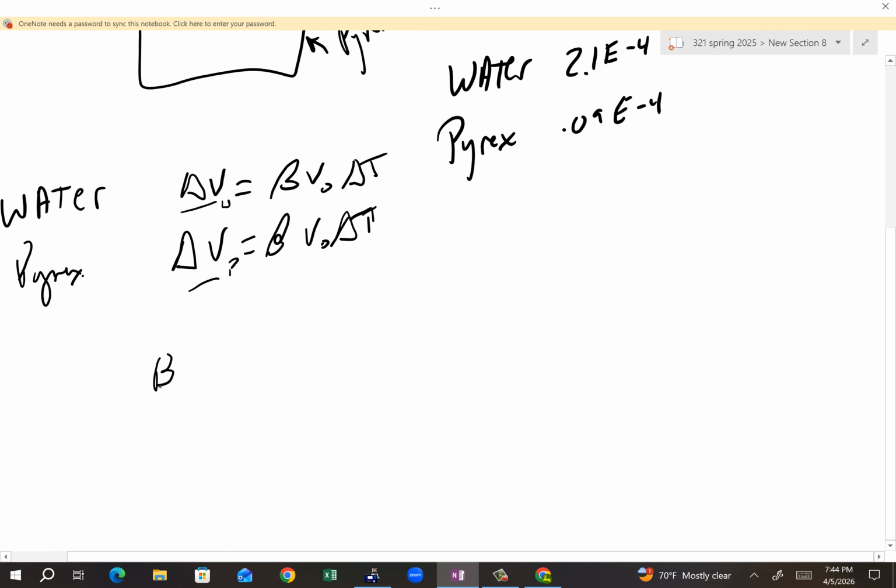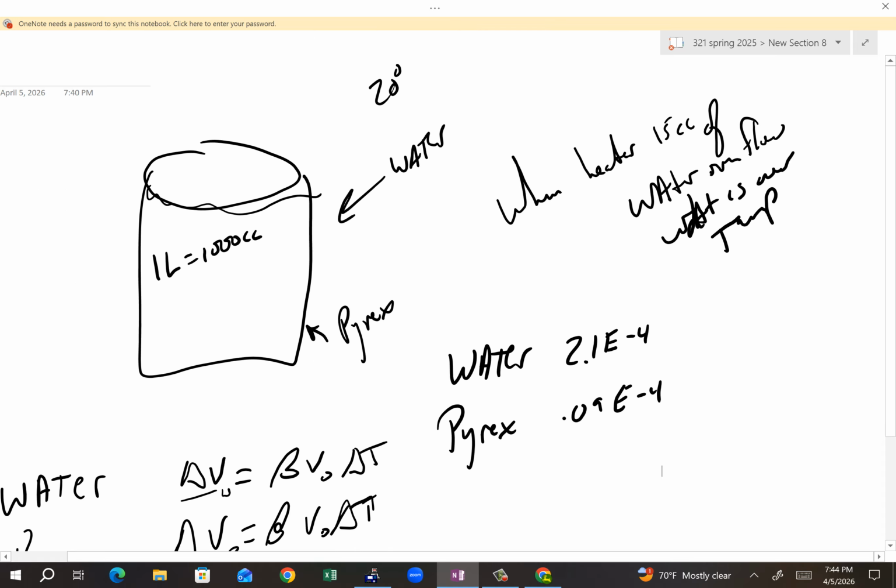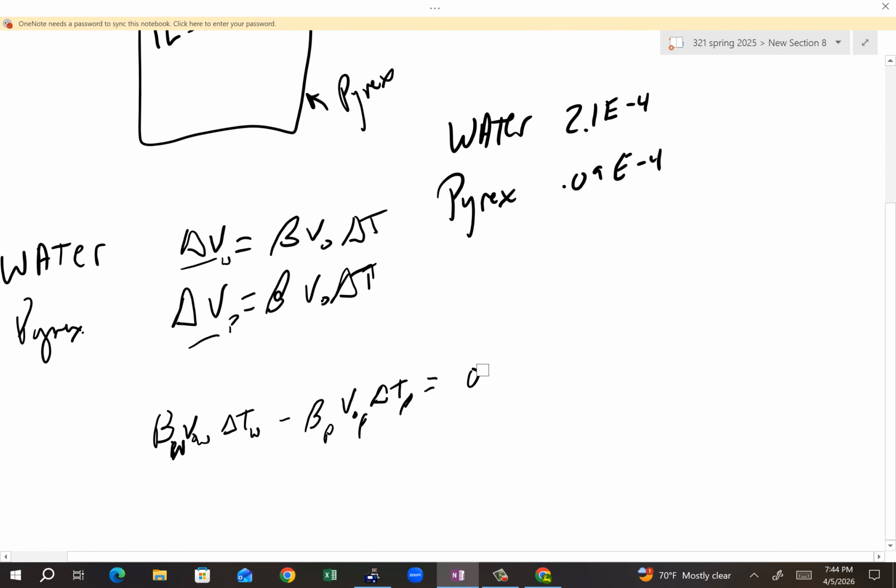If I take beta for water times V naught for water times delta T, minus beta for Pyrex times V naught for Pyrex times delta T, it had better equal 15. Okay, that's what I know.